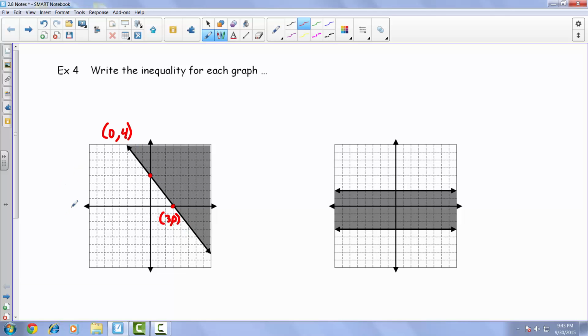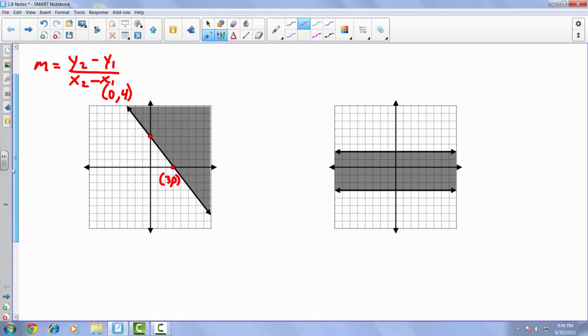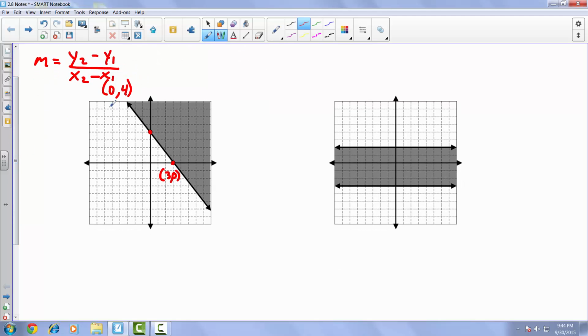So with the slope, we know that it's y2 minus y1 over x2 minus x1. And again, it doesn't really matter which point we let be x1, y1. We'll just say that this one's going to be x2, y2, and this one will be x1, y1.